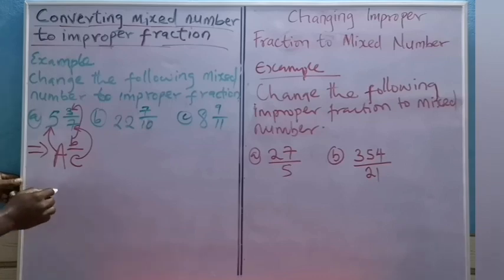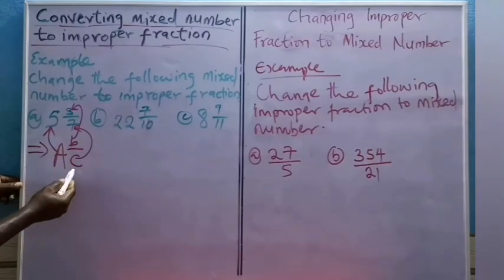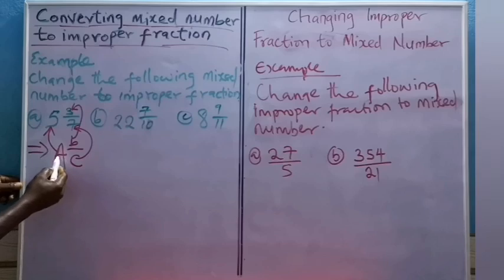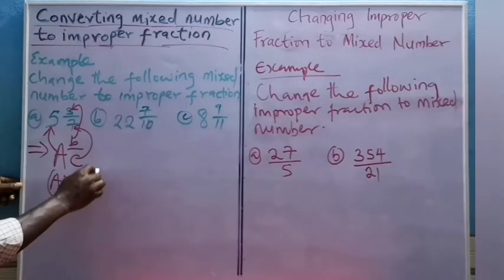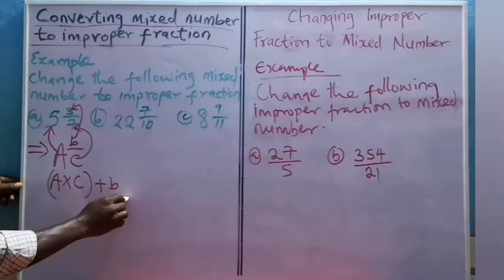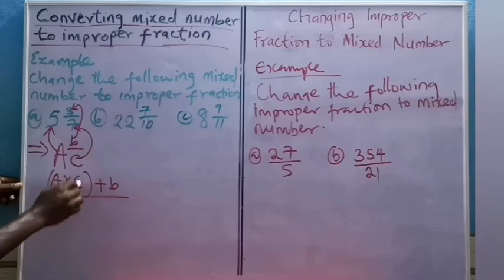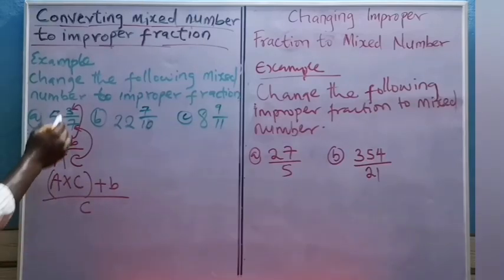So what you normally do is you will first of all use the denominator to multiply the whole number, so that you now have A times C. Then after that, you now add everything to the numerator, then divide by the denominator again.